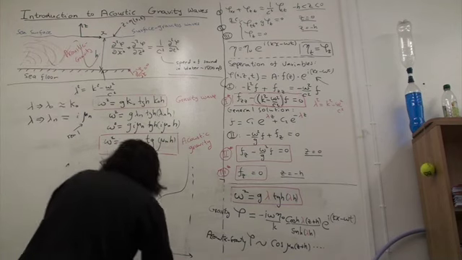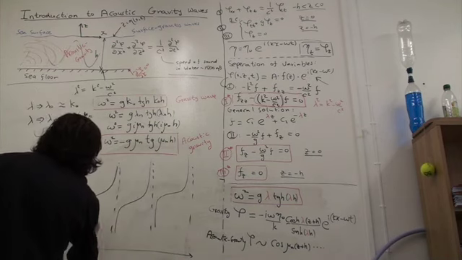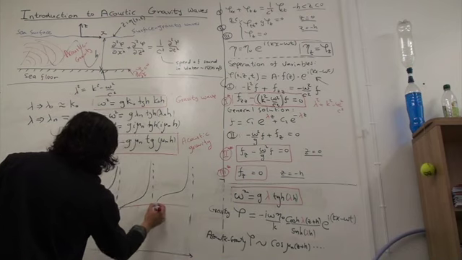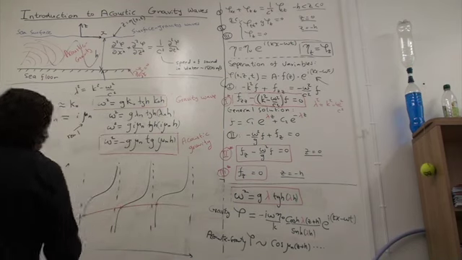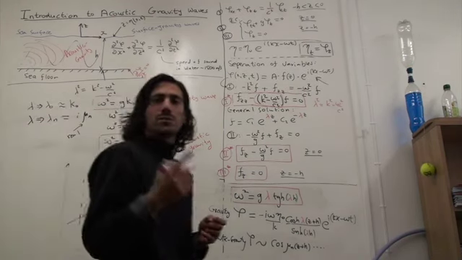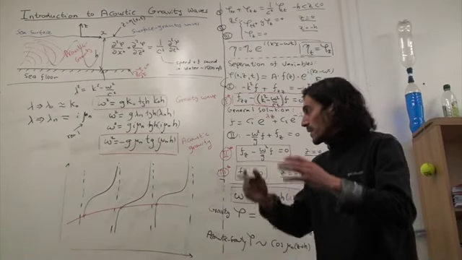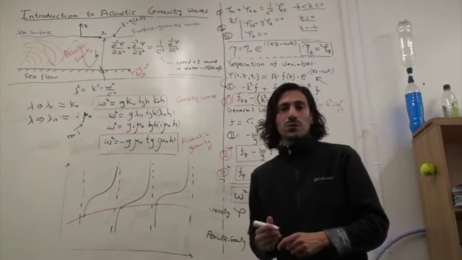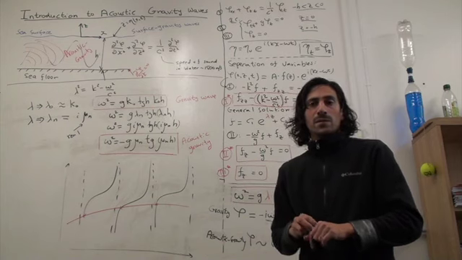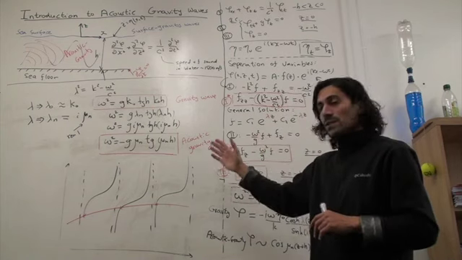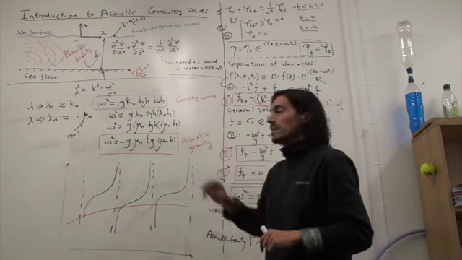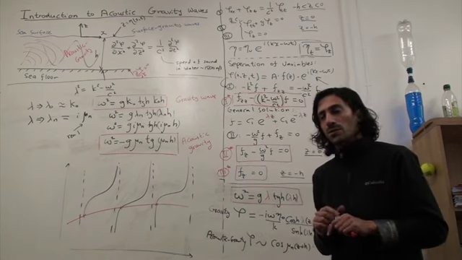You would see something like this, maybe. So this point, this point, this point, these are all solutions now. There's no longer one solution. There is a countable infinity of solutions now. There's an infinite number of modes that satisfy this equation, not only one solution.